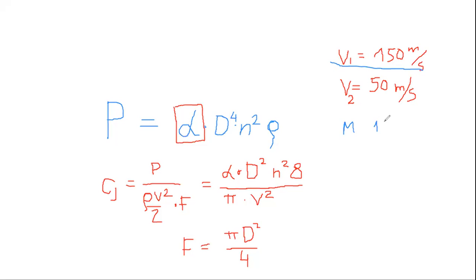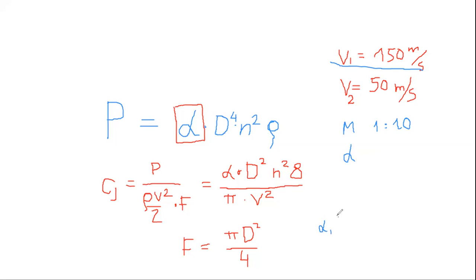Or maybe 1 to 10 for simplification of calculation. That's the scale. And we need to take the same CG for the wind tunnel and for the real aircraft. Also, we know that coefficient alpha doesn't change. So we can relate them to each other. Yeah? Take this formula and write it twice.